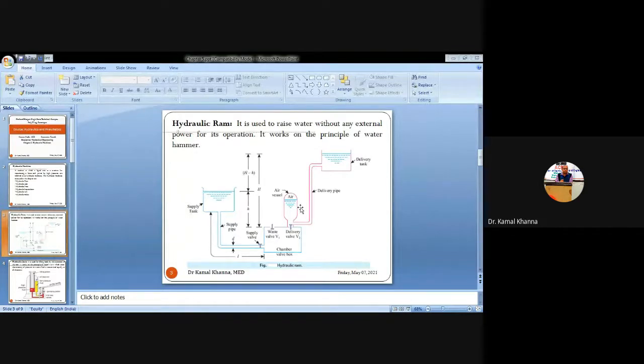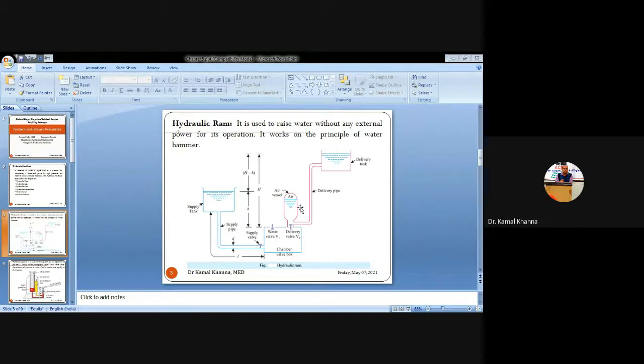The size of a hydraulic ram is generally specified by the nominal diameter of the supply pipe. You can see we are assuming that the length of the supply pipe is small l and the diameter of the supply pipe is small d. The waste valve and delivery valve are installed in the chamber valve box, whereas the position of the waste valve and delivery valve is vice versa to each other. You can see that the waste valve is connected in the forward direction, whereas the delivery valve is connected in the opposite direction.